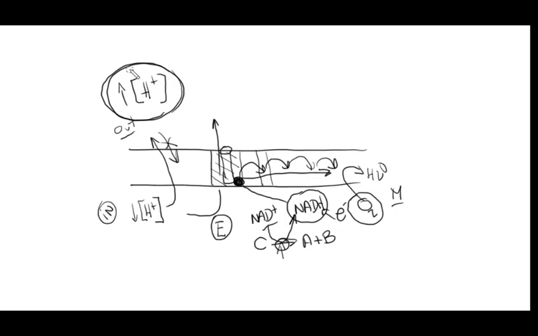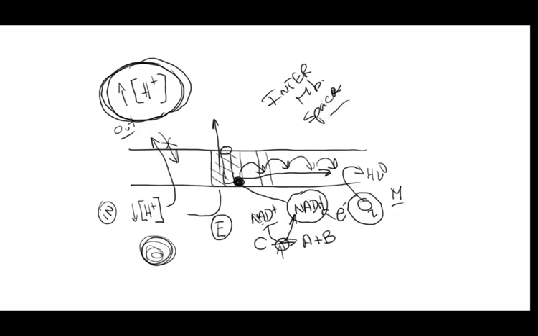So we can create a large gradient of protons from the matrix that's right here to the intermembrane space. Remember, this is the intermembrane space. So from the matrix to the intermembrane space, we create this gradient. And this gradient will now be used to create ATP. So this is where we're at right now.